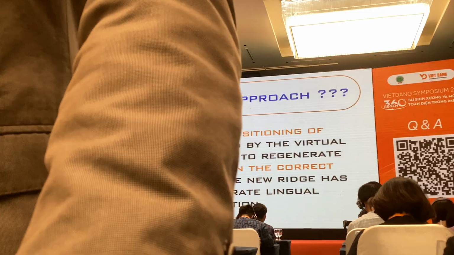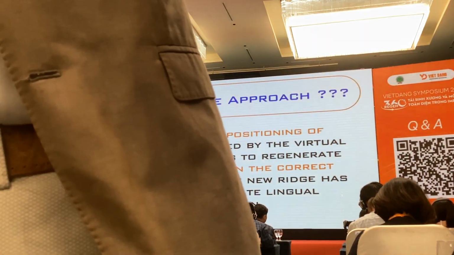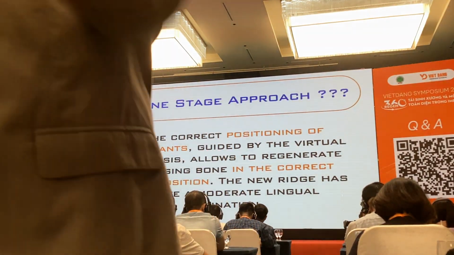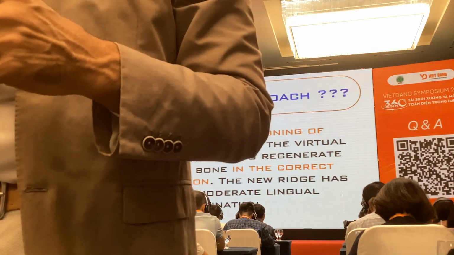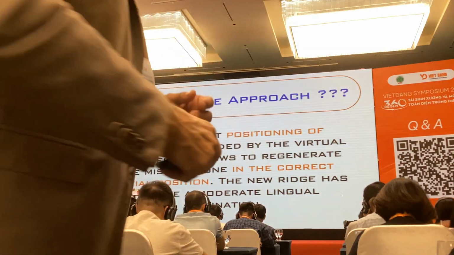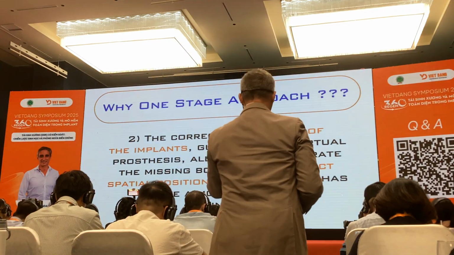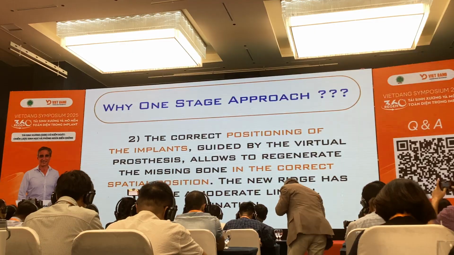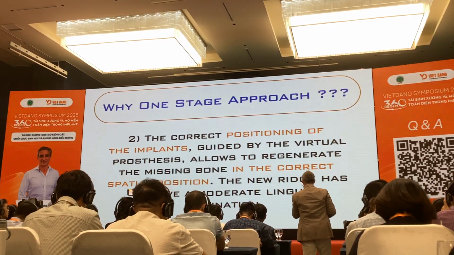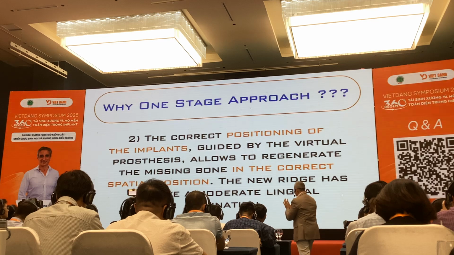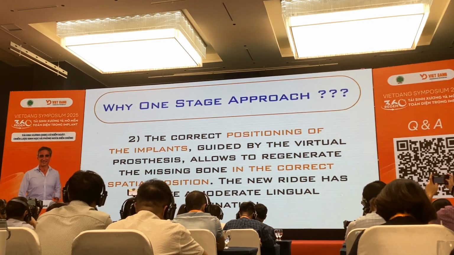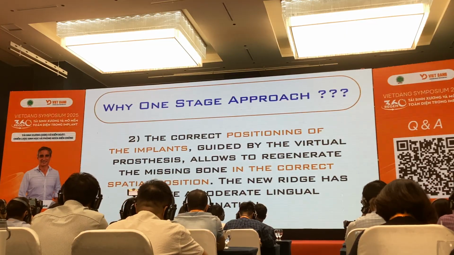This is the conventional and natural relationship between the upper and the lower teeth. The lower teeth in the posterior area are inclined. So, with the presence of the implants, we can define the correct spatiality of the bone regeneration.